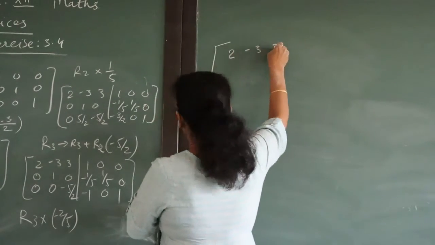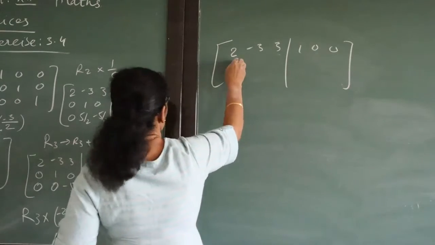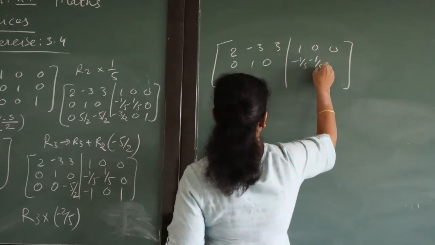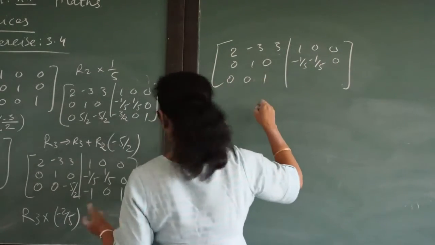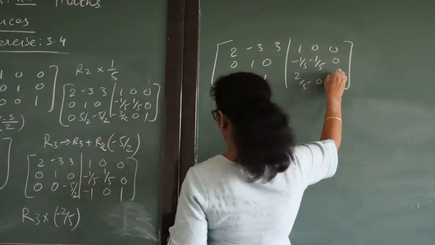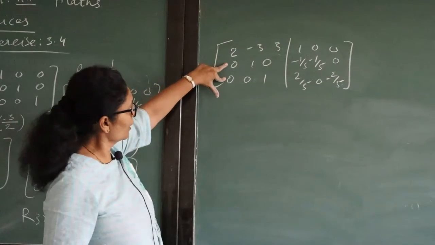2 minus 3 3, 1 0 0, then 0 1 0, minus 1 by 5 plus 1 by 5 and 0, and last term 0, if you multiply with it does not matter, you get the same answer, and minus 2 by 5 this one. Now, we have both the row which one we required.